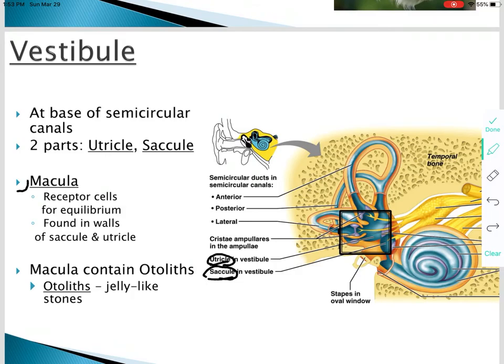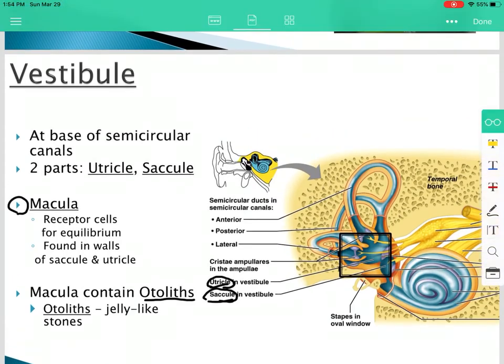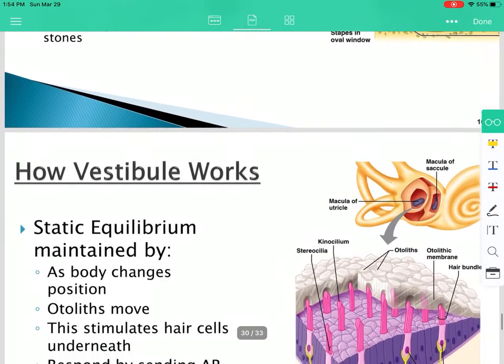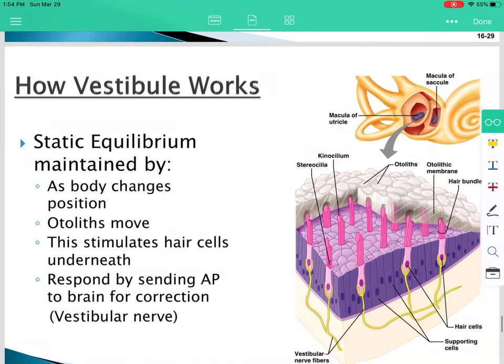So in both areas, there are specialized cells called the macula. And we're going to see a picture next. But the macula has these important structures called otoliths. And otoliths are really jelly-like stones, kind of calcified pieces.